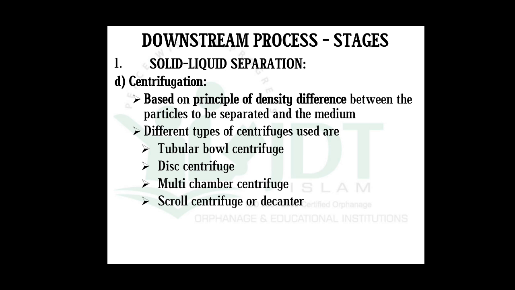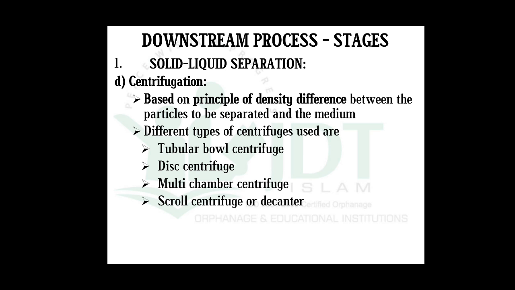This centrifugation is basically done on the principle of density difference between the particles to be separated. Different centrifuges can be used for solid-liquid separation, like the tubular bowl centrifuge, disc centrifuge, multi-chamber centrifuge, and scroll centrifuge or decanter.